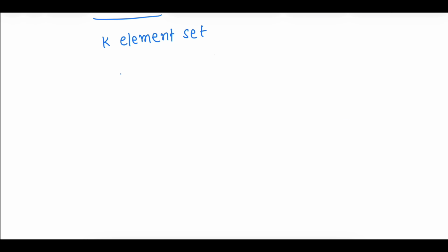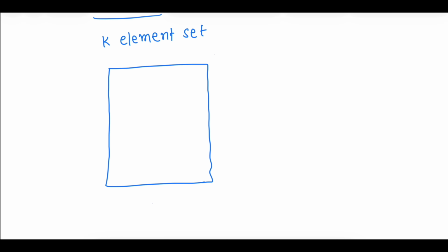Okay. So for the k-element set, we can assume that it's 2 power k. So assume that all our subsets are here. This is our 2 power k subsets, of different sizes, and the total number of subsets is 2 power k, right?